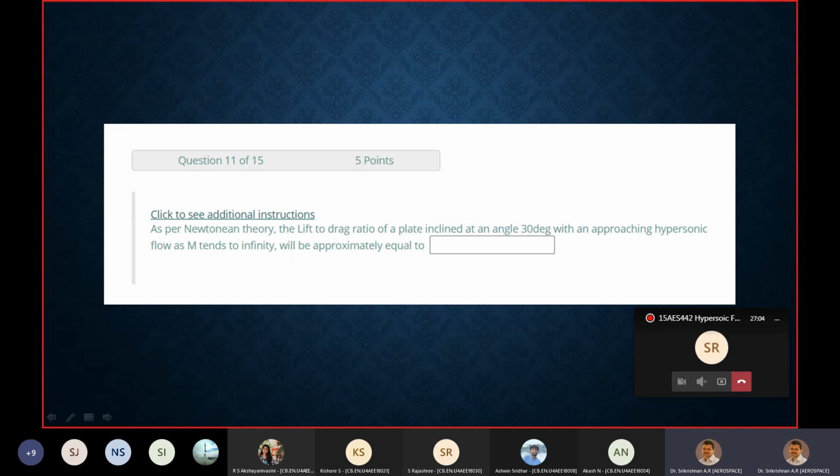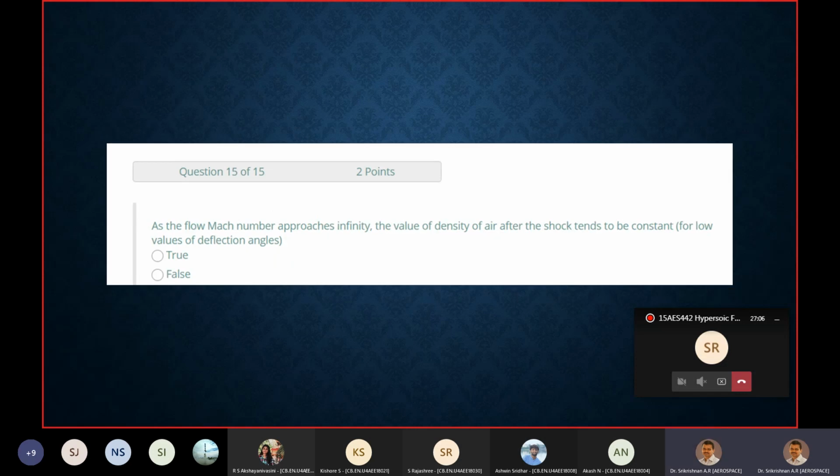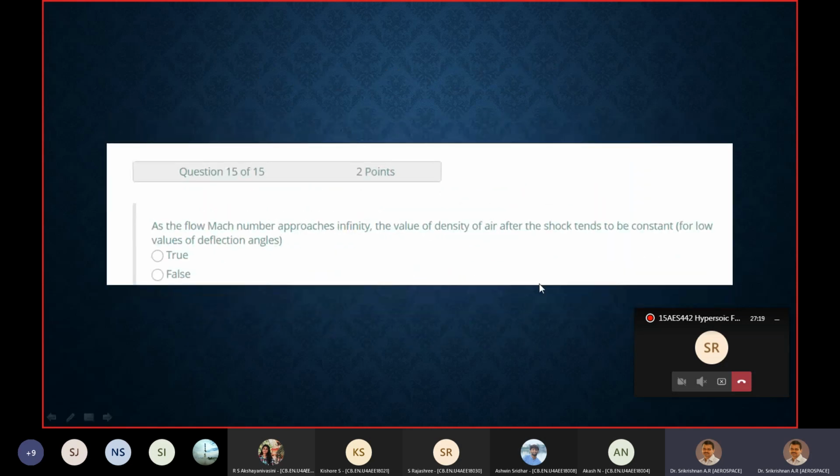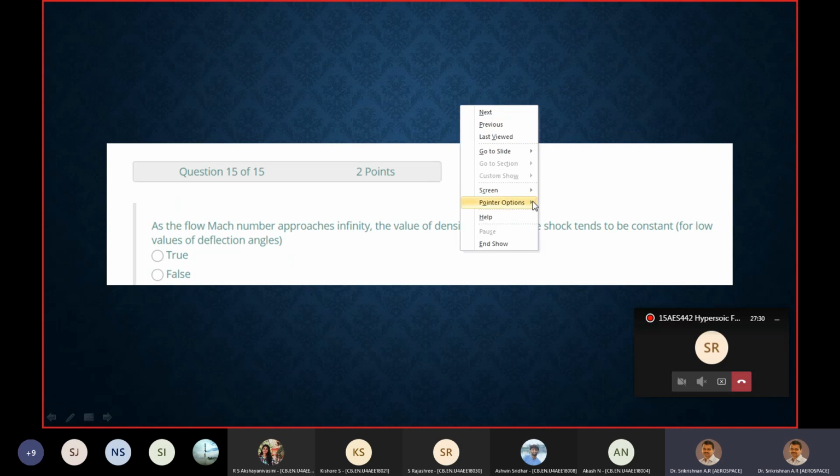Is that all? The last one also, question 15. For some reason, close to 50%, or just above 50, got it correctly. Let's see if there is any ambiguity in the statement. As the flow Mach number approaches infinity, please keep in mind that what we are asking here is the value of density, which is rho.